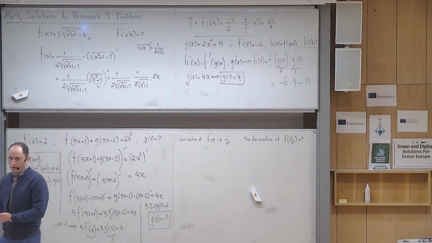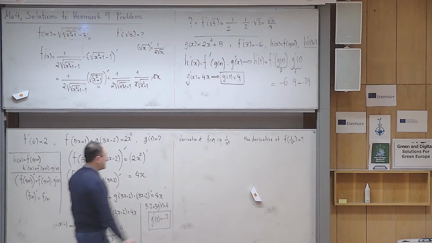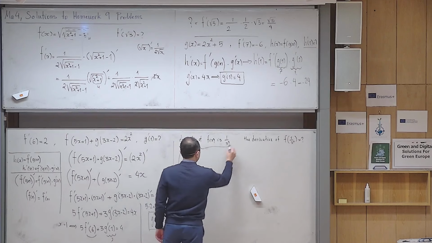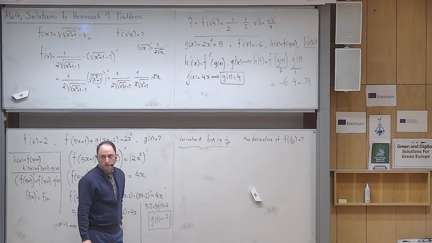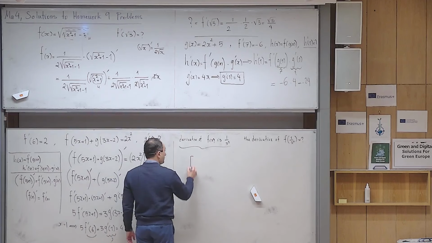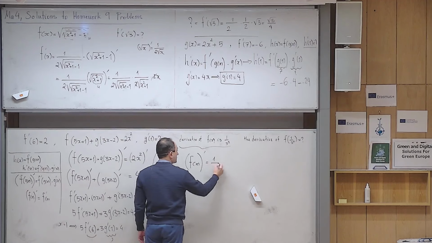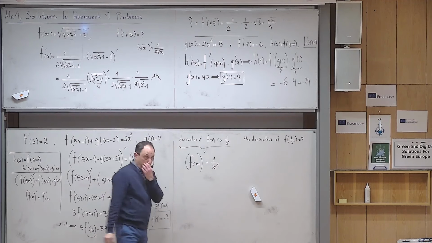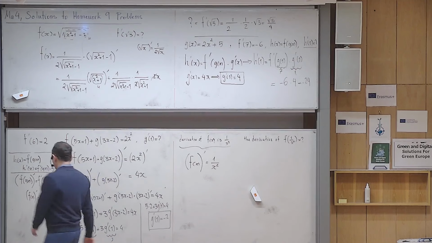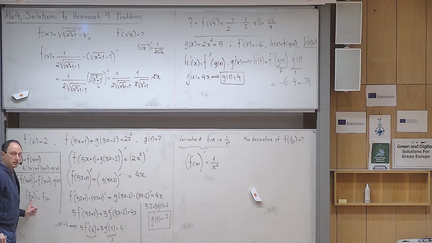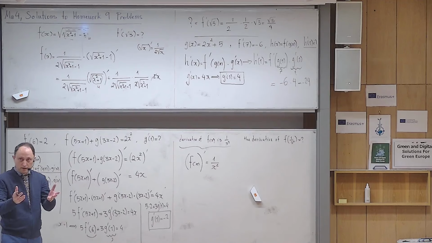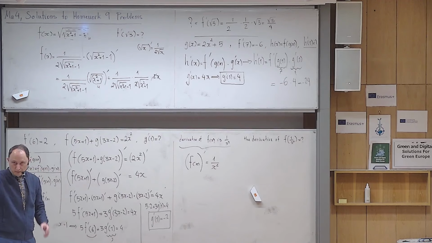So how should I solve the problem? This English sentence should be translated to f of x totally prime is 1 over x squared. But I just told you, if there is x, there is no difference between putting prime up there or down there. So when they talk about the derivative of a function, it means totally prime.